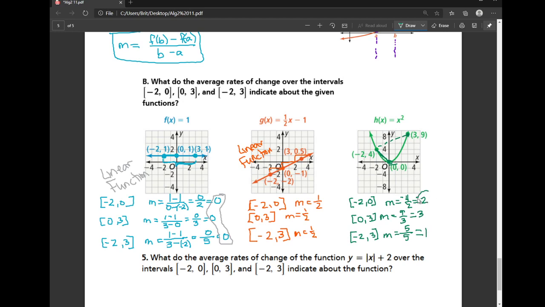So by seeing that I have all of these different slopes, I can see that it is not linear. It's a nonlinear function. Another thing worth noting is, do you see how the slopes here happen to match that one? It's kind of interesting, isn't it?